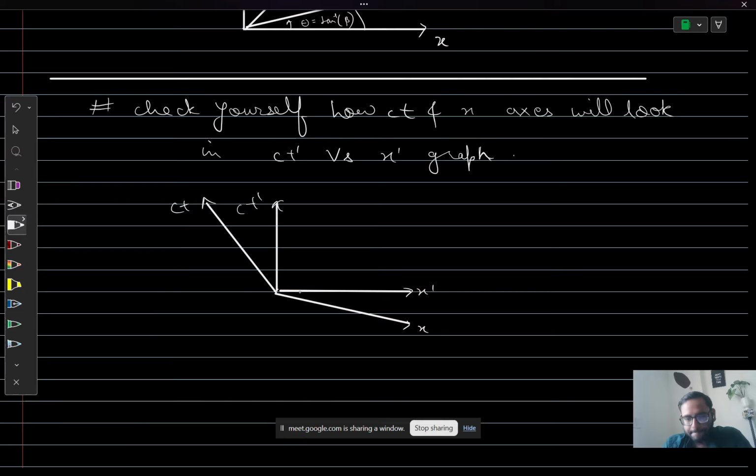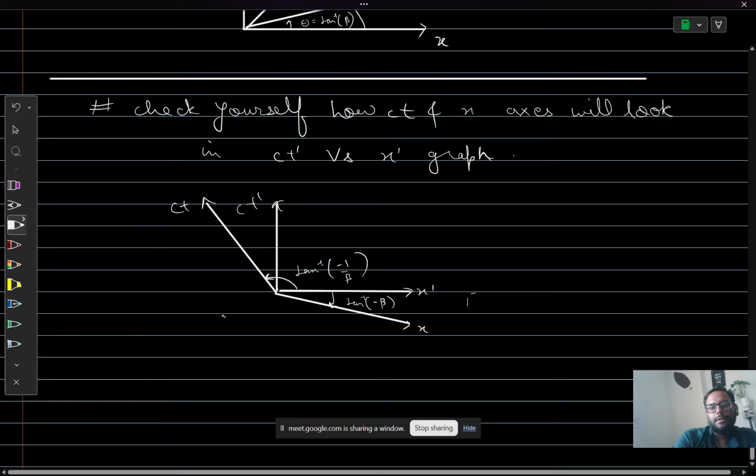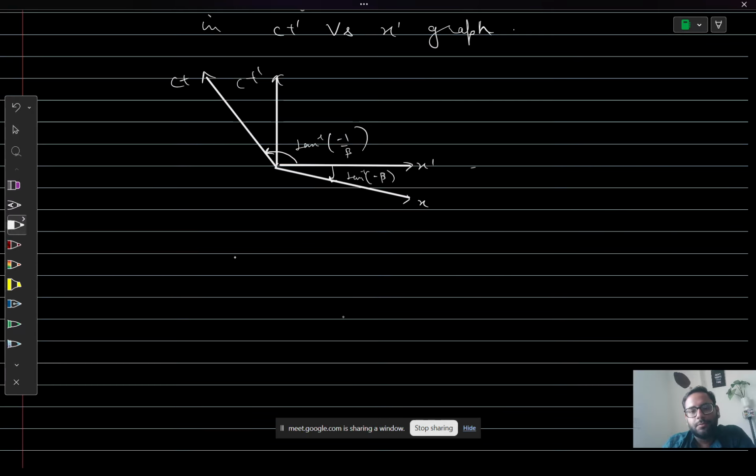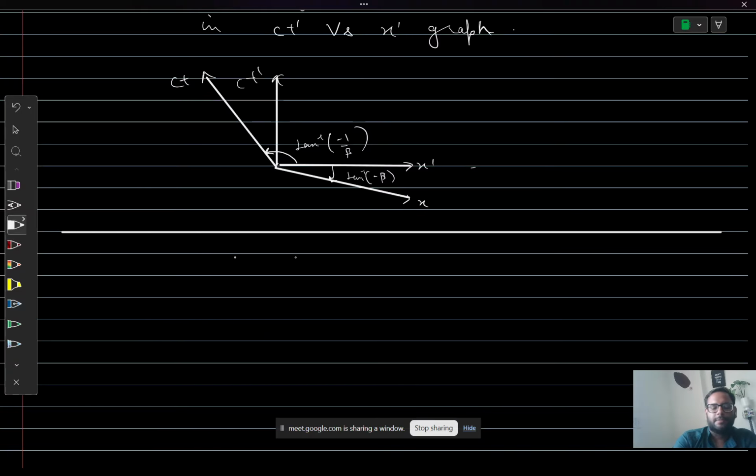This angle will actually be tan inverse of minus beta. Do it yourself. Now we need to do something that is very much required in the HDL, to actually explain the causality.